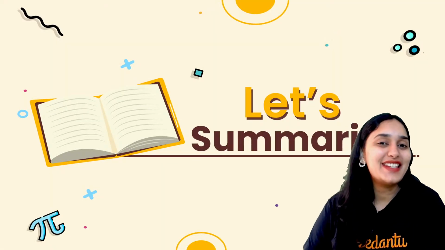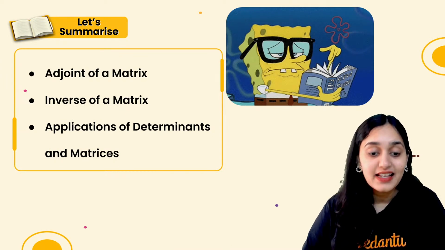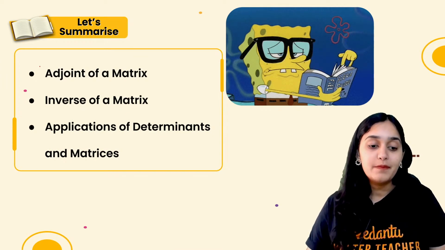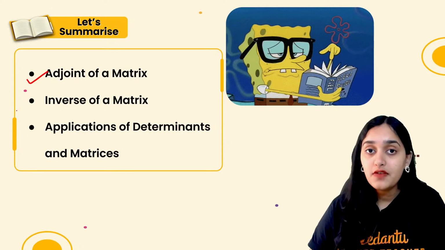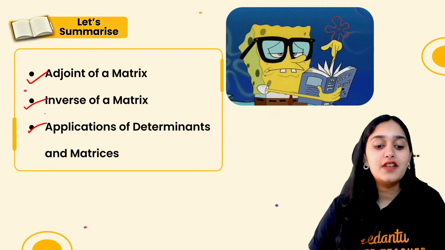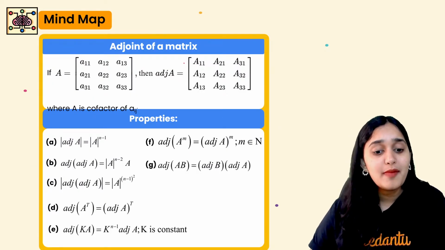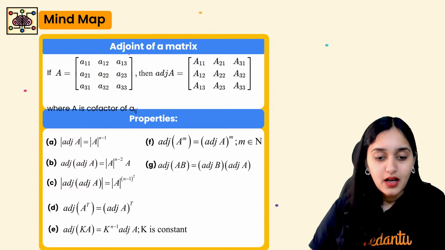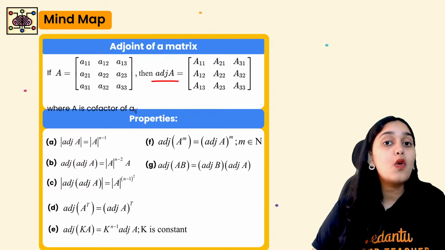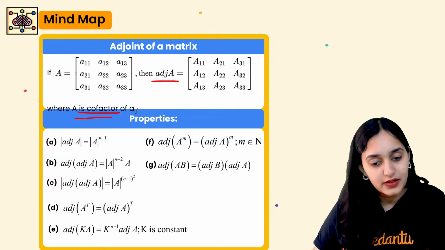Okay, so coming to the end of this chapter and also the end of the class, let's summarize what we learned today. We have learned about the adjoint of a matrix, finding the inverse of a matrix, and application of determinants and matrices. Now, what is the adjoint of a matrix? It is the transpose of the cofactors, the cofactor transpose.